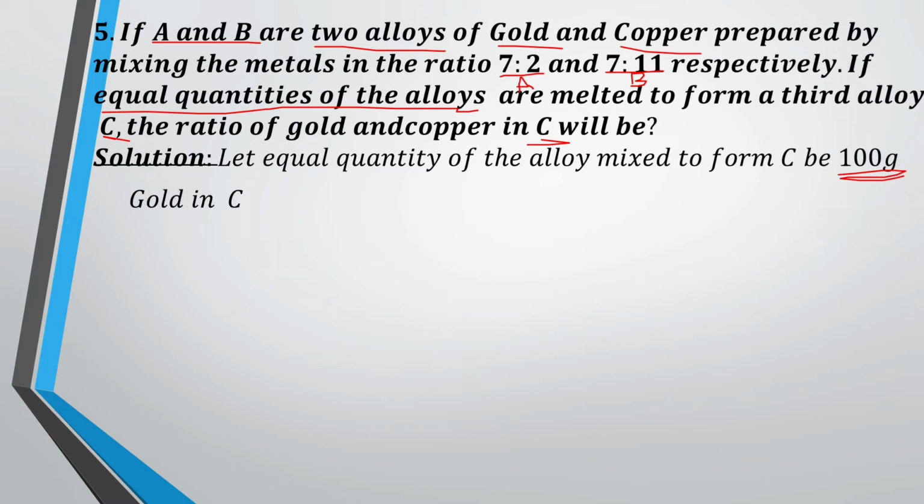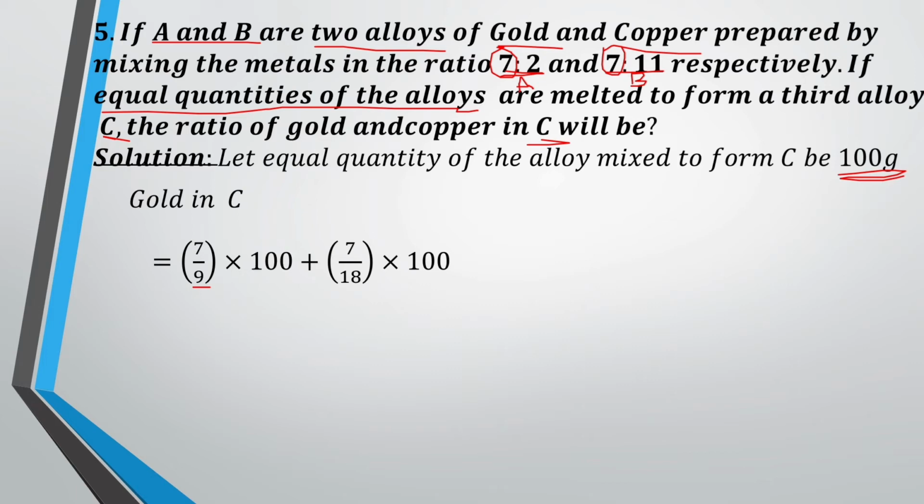So gold in C will be equal to 7 by 9 into 100 plus 7 by 18 into 100. If you observe, in alloy A the gold part is 7 and the gold part in alloy B is also 7. The total ratio here is 7 plus 2 is 9, that I have written here.